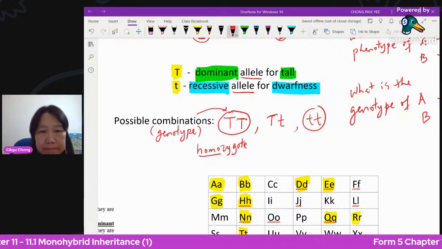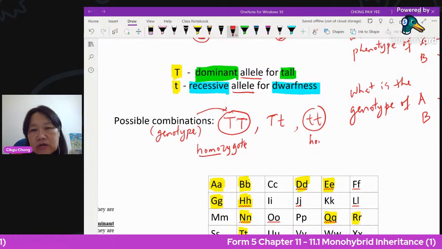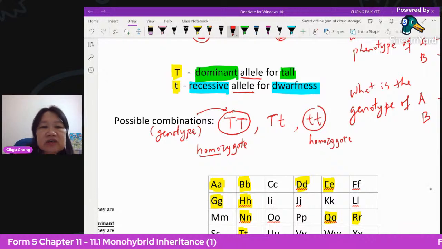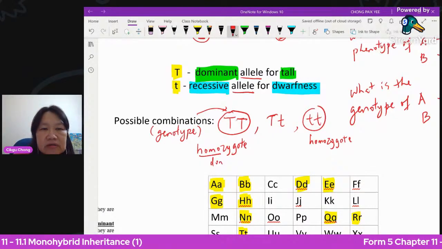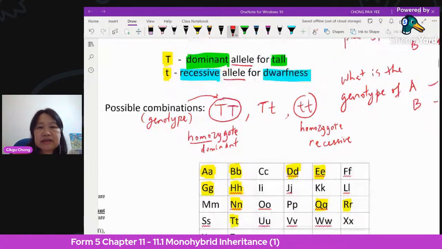Homo means same. The two alleles are the same. So this is another homozygote. But the difference here is this is homozygote dominant. Understand? And this is homozygote recessive. You understand that? All right.